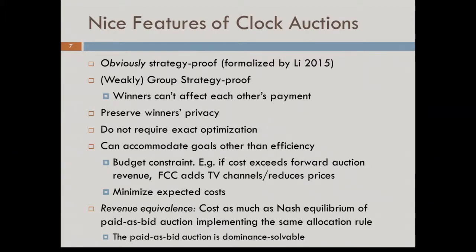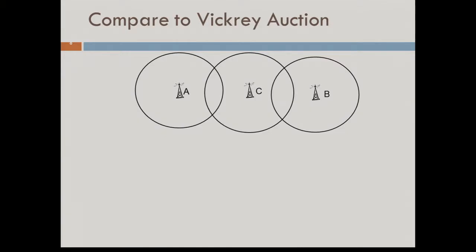And also, there is a sense in which the auction's cost is not too high: there's a kind of revenue equivalence result that if you use a paid-as-bid auction, then you'll get an equilibrium with exactly the same cost. Okay, so these are all the features, but I'll focus just on some of them.